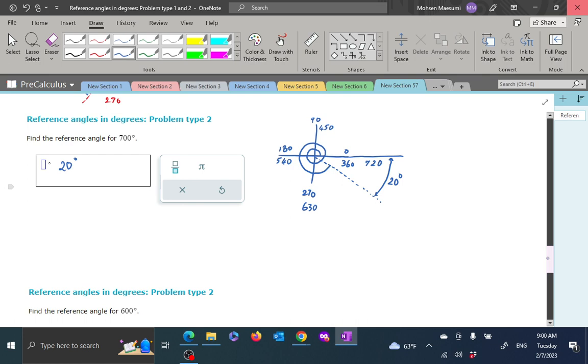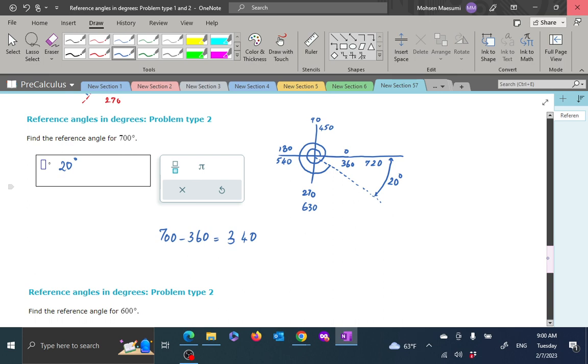So how can we make a process for this? Take your number, subtract 360 from it. So now I have what is left. So I have 340 degrees.